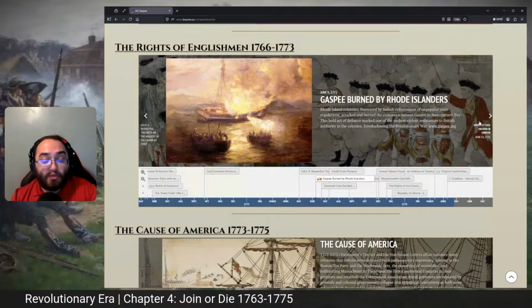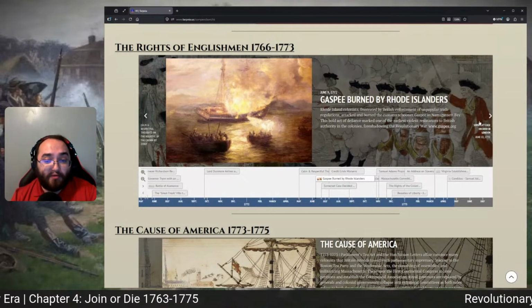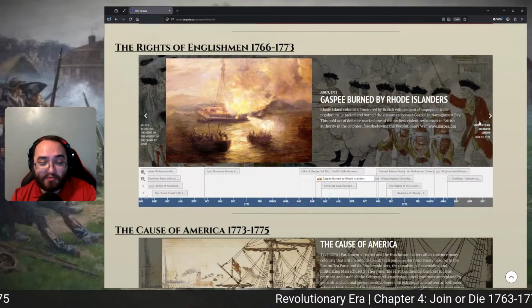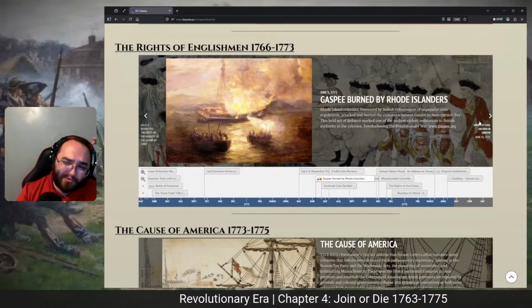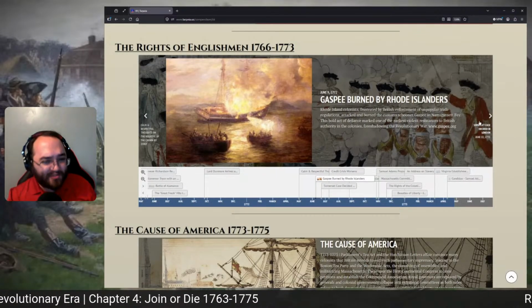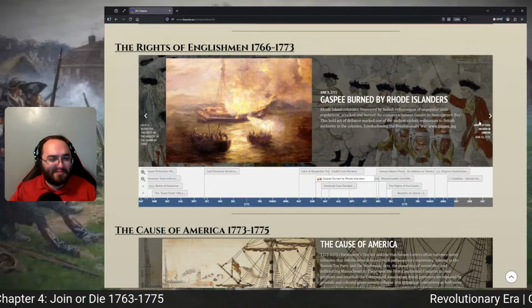And in June of 1772, you have the burning of the Gaspee, which is burned by Rhode Islanders. So I made a comment earlier that Rhode Islanders were not causing a ruckus in the American colonies. That was a mistake.